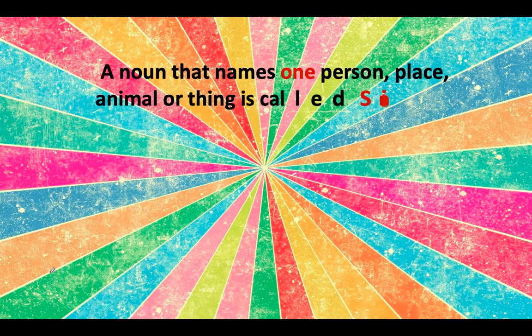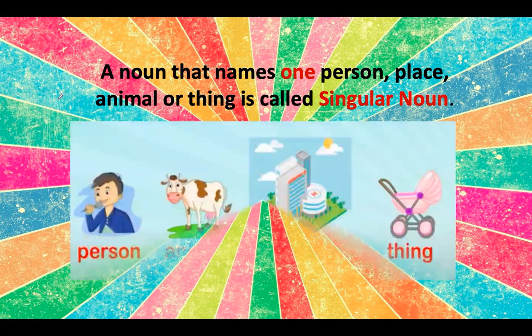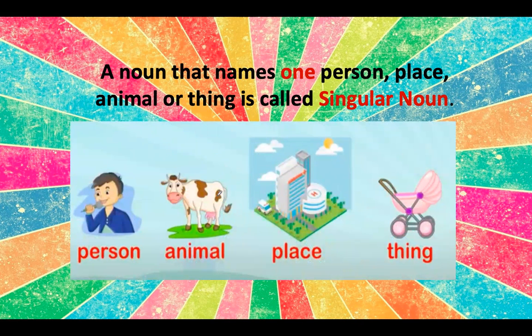A noun that names one person, place, animal, or thing is called a singular noun. What is a singular noun? A noun that names one person, one animal, one place, one thing is called a singular noun.